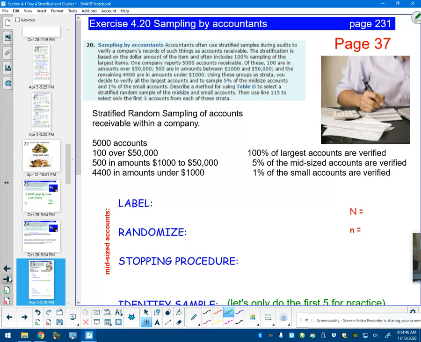So one company reports 5,000 accounts receivable. Of these, 100 are in amounts over 50,000. 500 are between 1,000 and 50,000, and the remaining 4,400 are in amounts under 1,000.